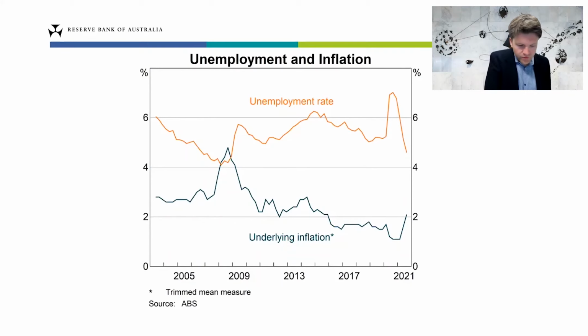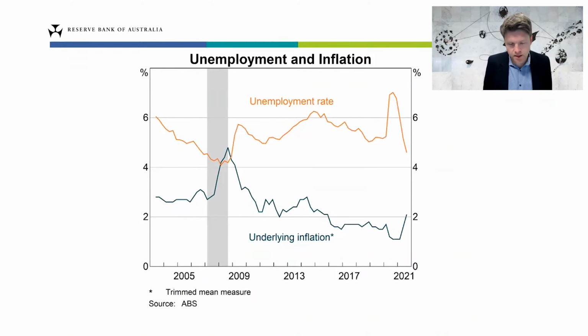So, for example, if we observe that the unemployment rate is declining gradually over time, and then we get to a point where wage growth and inflation starts to increase materially, then we could infer with a bit of caution that we've either reached the NAIRU or perhaps even gone below the NAIRU.